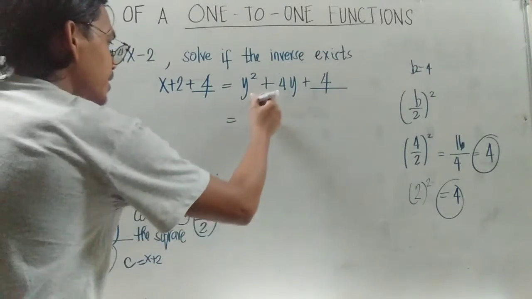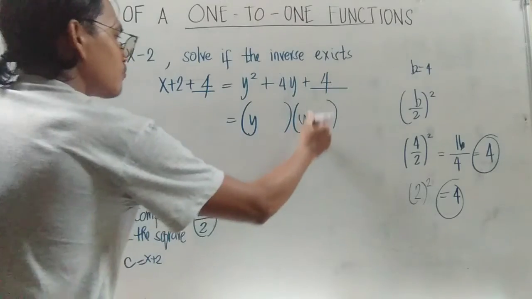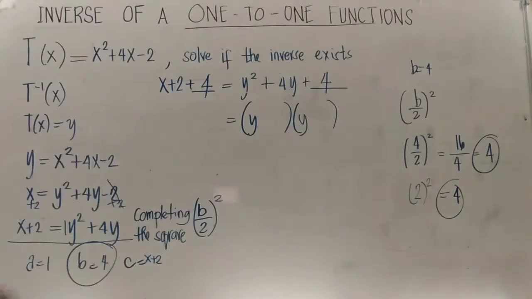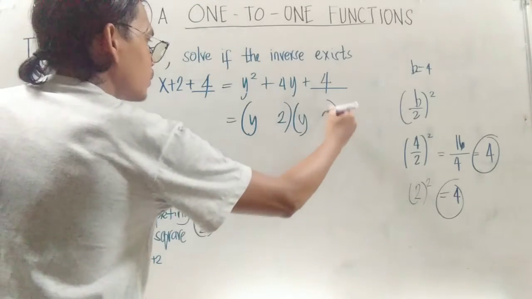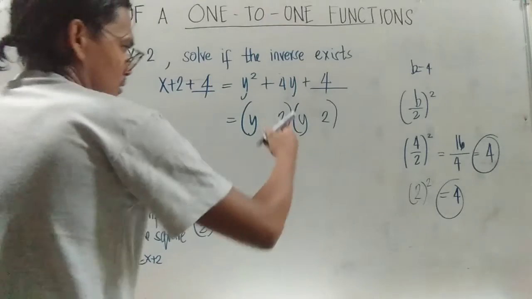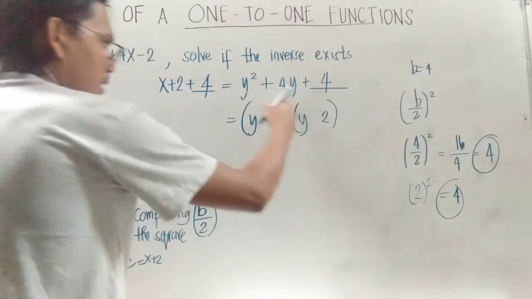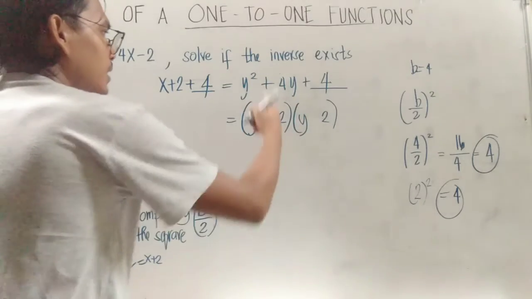Then the next procedure is factoring. So y times y is the factor of y squared. What is the factor of 4? Of course, 2 times 2. Why did we use 2 and 2? Because the middle term is 4, and 2 plus 2 is 4.